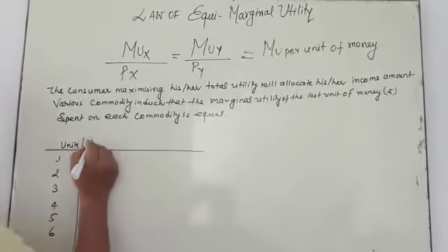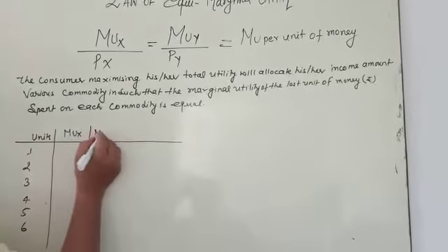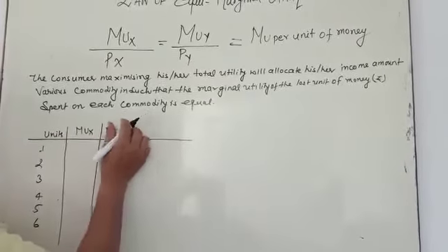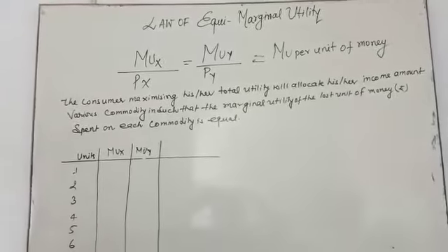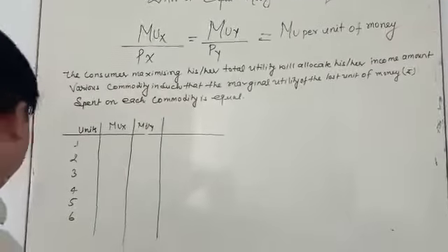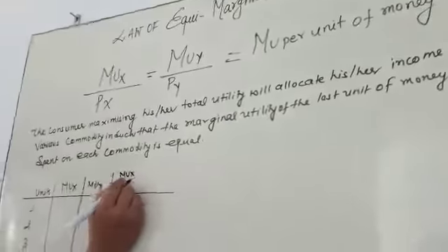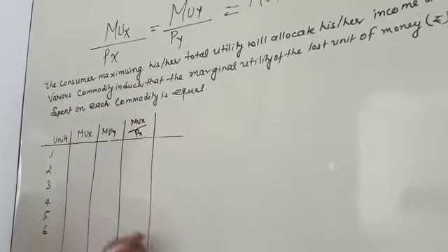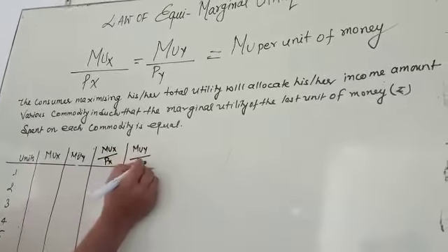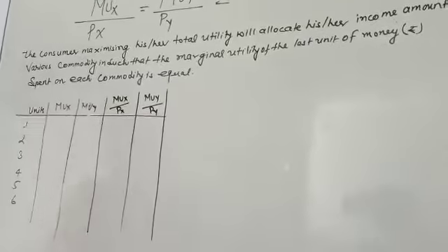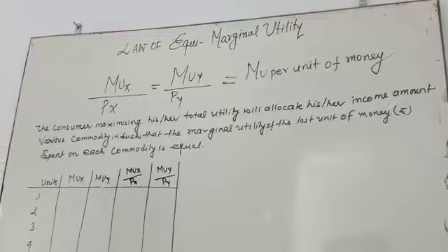I am going to find out MUX and MUY. These are the two commodities, so two commodities have MUX and MUY. And another is MUX upon PX, and MUY upon PY.